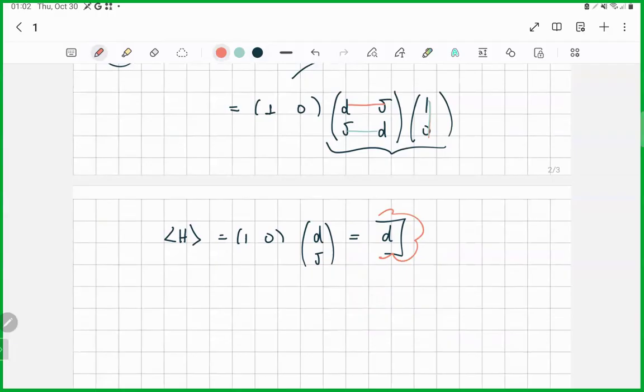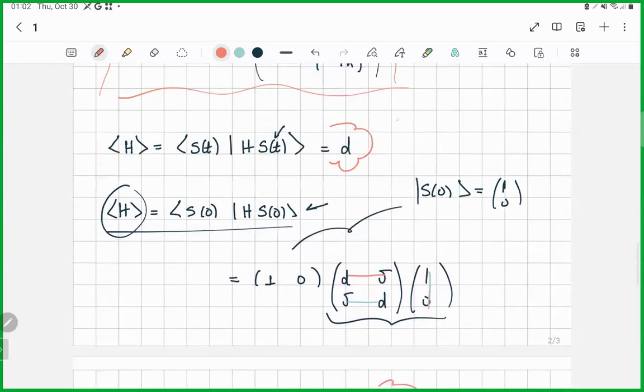So the expectation value is the energy of the initial state. It does not change. Other observables can change in time. I let you check that this remains true for any point in time. And that's the end of these additionals for this problem 3.8.